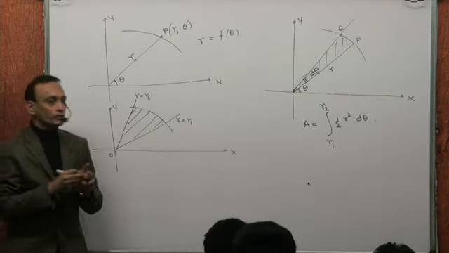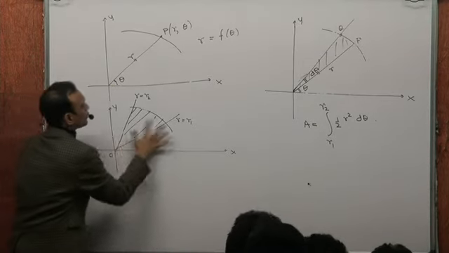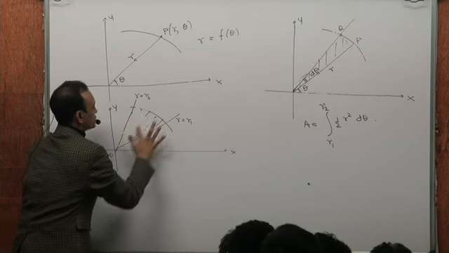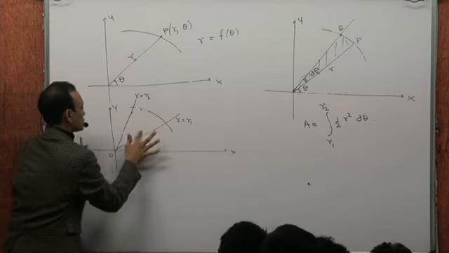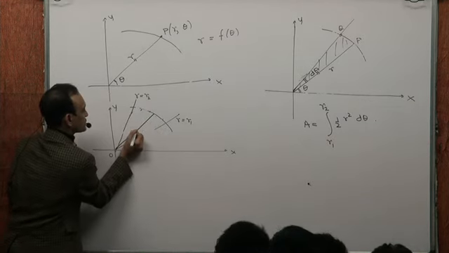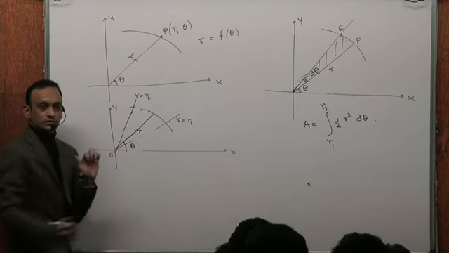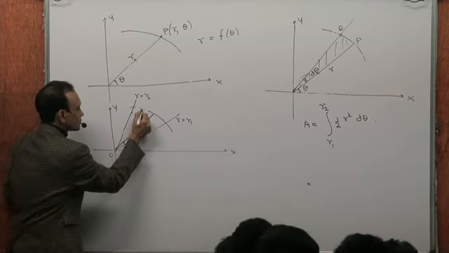This area. Why not? I need this area, right? What I do is I select an intermediate r. This is an intermediate r, and this makes an angle theta with the positive direction of the x-axis.